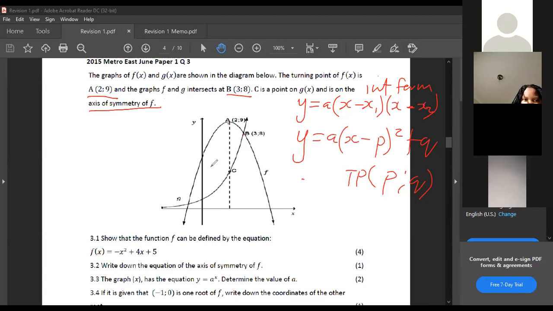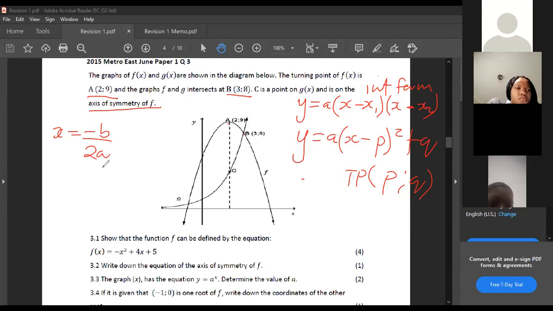Now, the axis of symmetry passes through the turning point. So what is the equation of the axis of symmetry? It is given by x is equal to minus b over 2a.